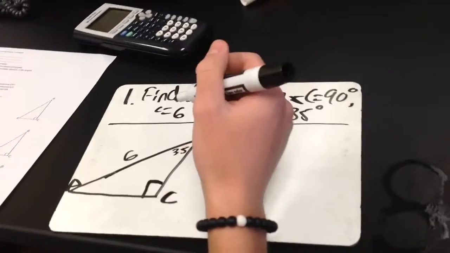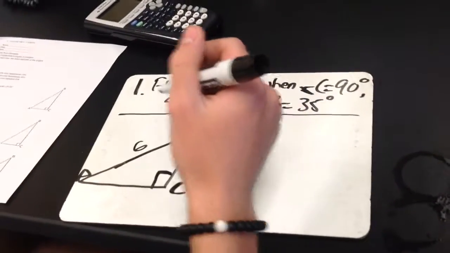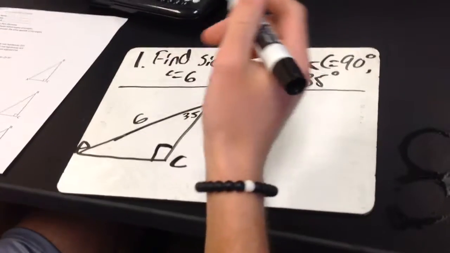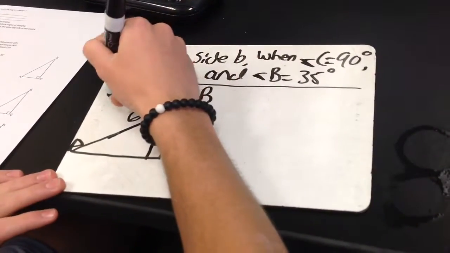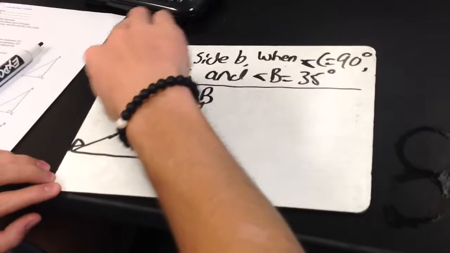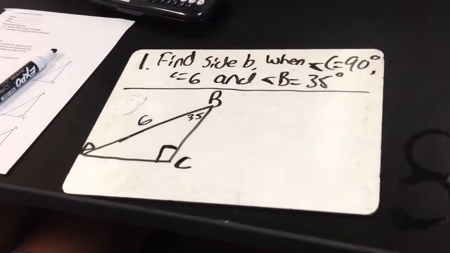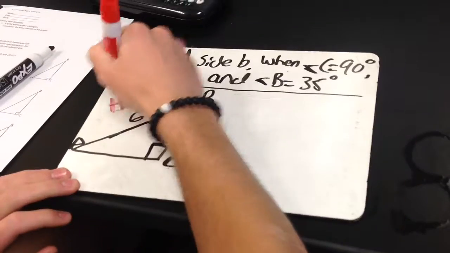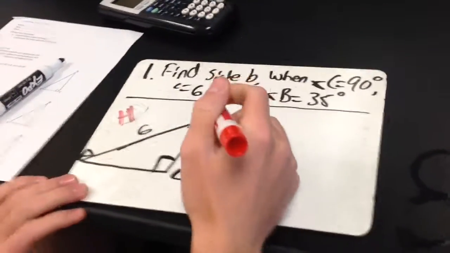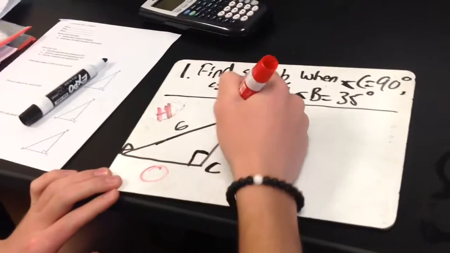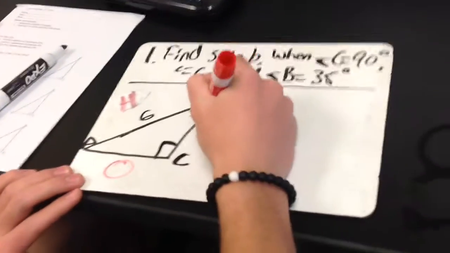Now, you label the hypotenuse and the adjacent and the opposite. So, this is always your hypotenuse, and I'll use red to make it stand out more. So, this is the hypotenuse. And this is the opposite, because opposite is always opposite the angle, and then this is the adjacent.